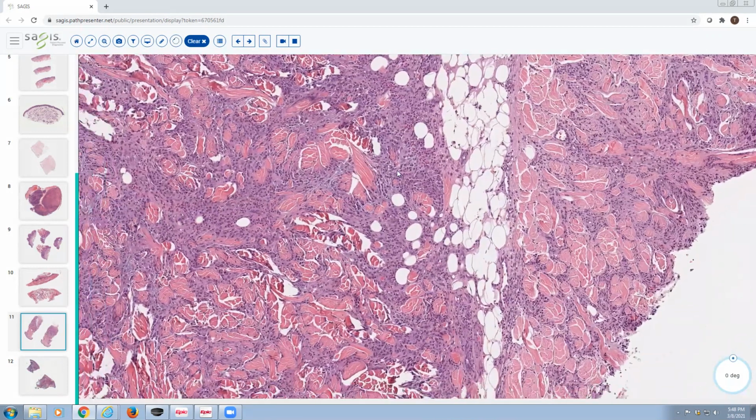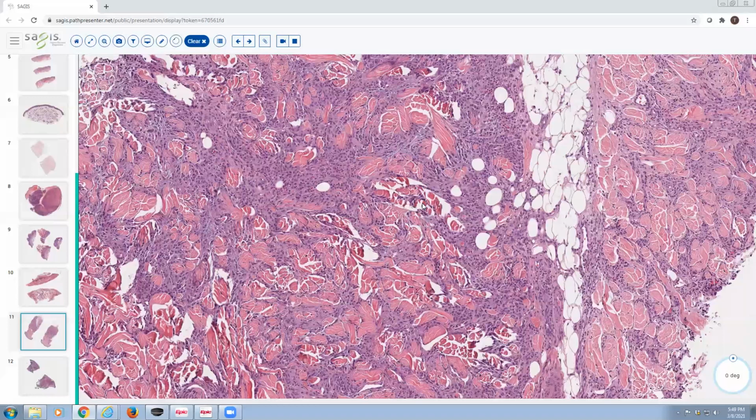Interstitial granulomatous dermatitis, sometimes called interstitial granulomatous dermatitis with arthritis, is a granulomatous eruption that occurs in the setting of connective tissue diseases. And it closely resembles granuloma annulare with a few distinctions.